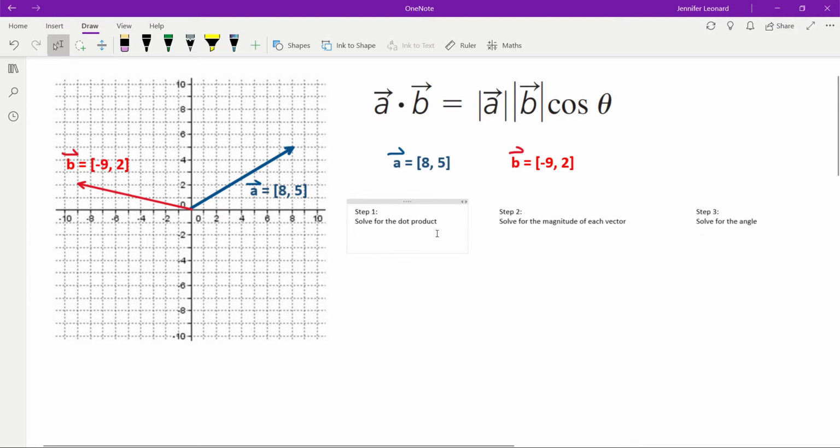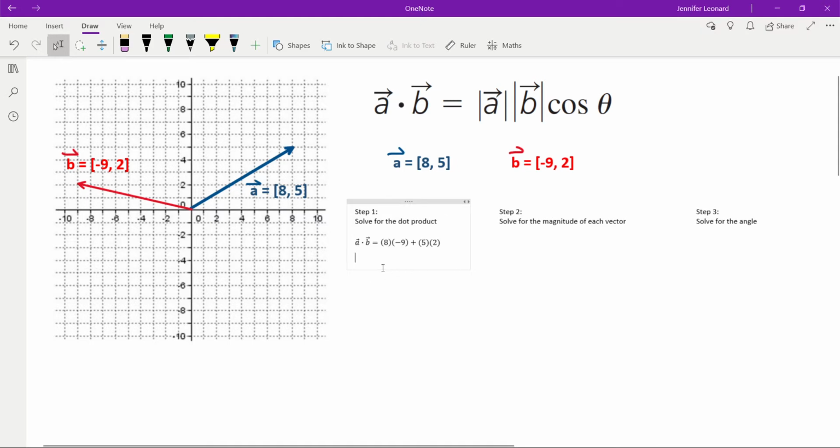So our first step, solving for the dot product, we can do algebraically. Essentially we're looking at the x components of each vector, the y components, so we're multiplying similar components and then adding them together. We'll take the x's, so 8 times negative 9, and then add 5 times 2.